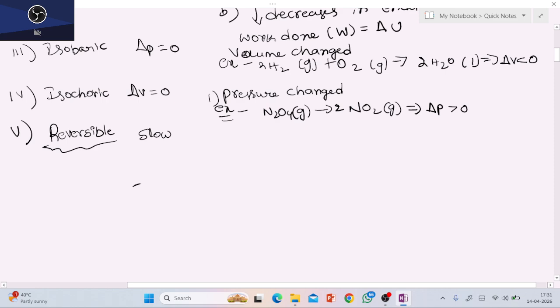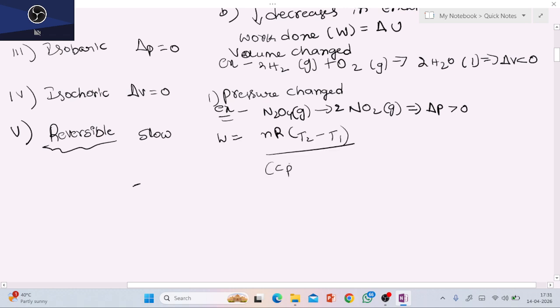Work done is maximum under isothermal reversible process, but work done under adiabatic or reversible manner. Now, in this case, what is the formula that we use? W work done equal to NR into T2 minus T1 by CP value. Here we have to take it.